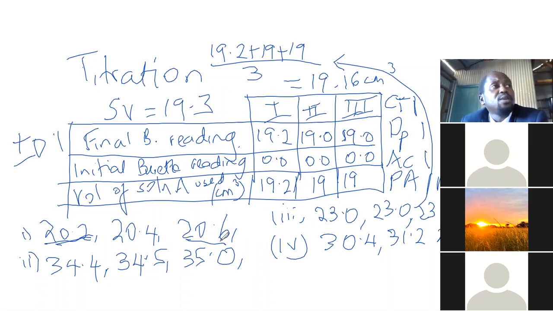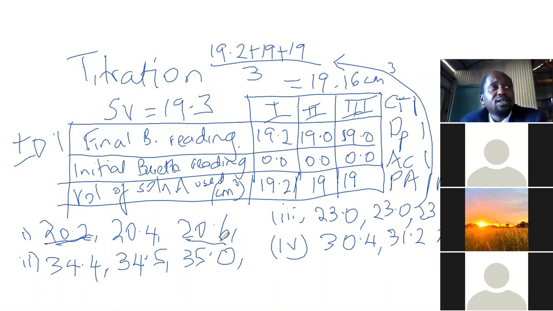Or 20.4 plus 20.6 divided by 2, you get 20.5. Do not do 2 averages. Choose 1 and stick by it. Do not do average of averages. That is, you do both averages, then you go ahead and do another average. Again, you will not score on averaging.